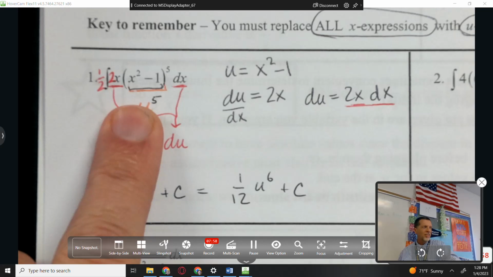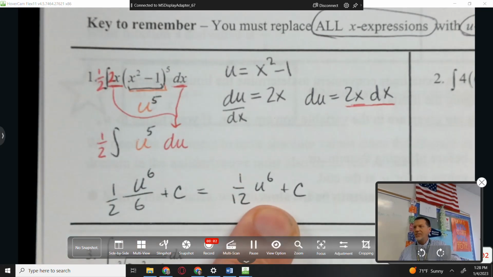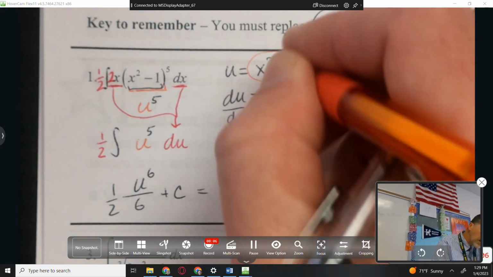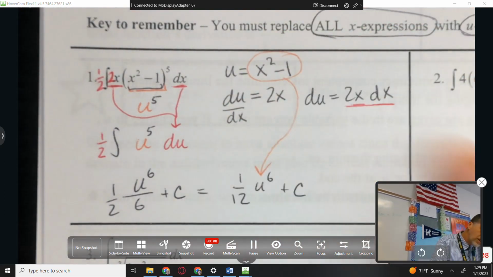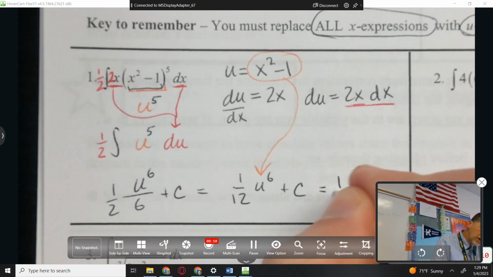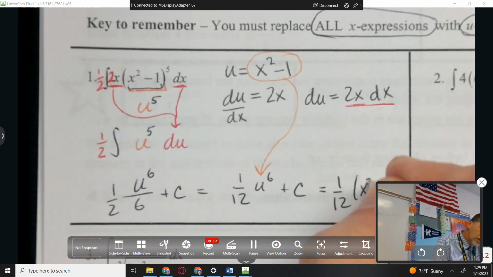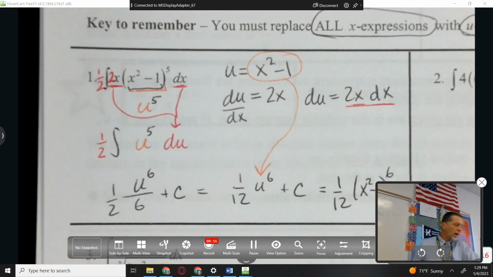started with x's, so I need to end it with x's. So this is not finished yet. U equals x squared minus 1, so I can now put x squared minus 1 back in for u. And now I've got an answer.